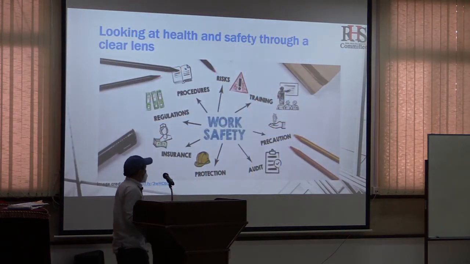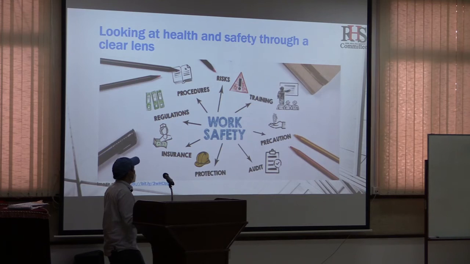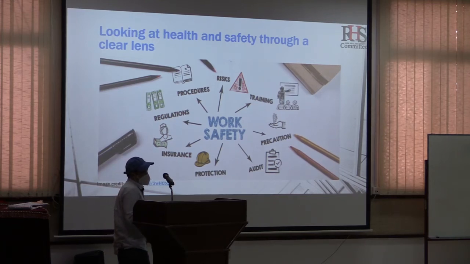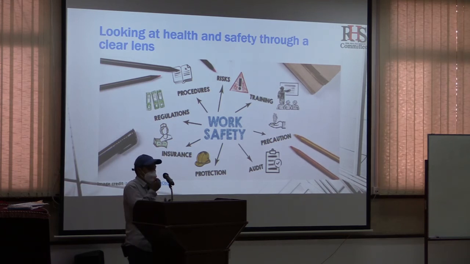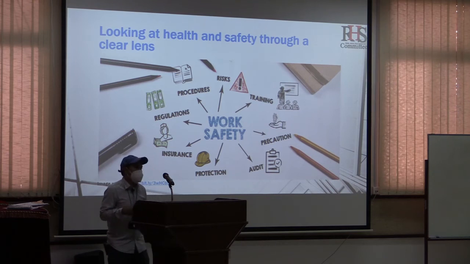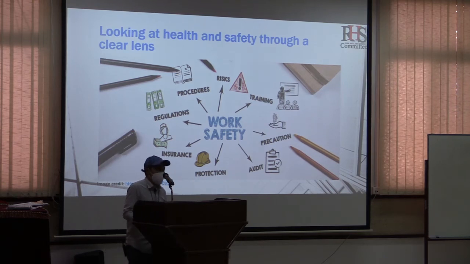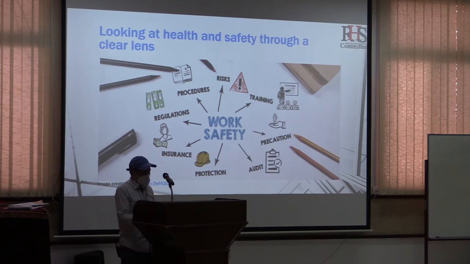So, if you try to look at health and safety through a safety lens, we may be experiencing some biases. We know that most of us are already working for several semesters or several years in the workshop or in the laboratory. So there might be some biases that we already have.